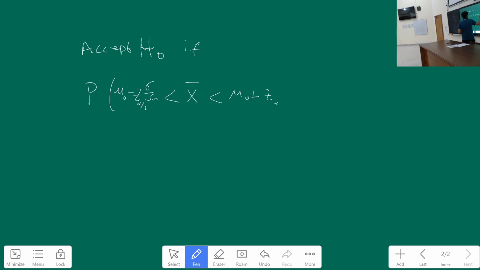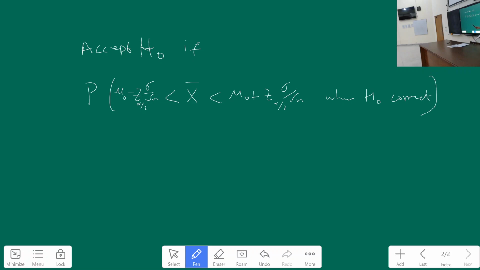We say accept H naught if the probability that x bar is between mu naught minus z alpha by 2 sigma over square root n and mu naught plus z alpha by 2 sigma over square root n, when H naught is correct or true.